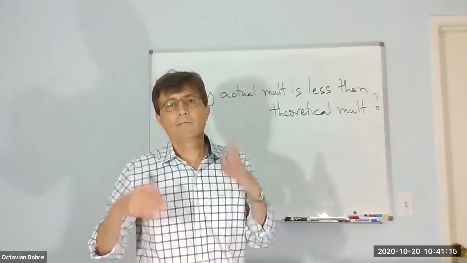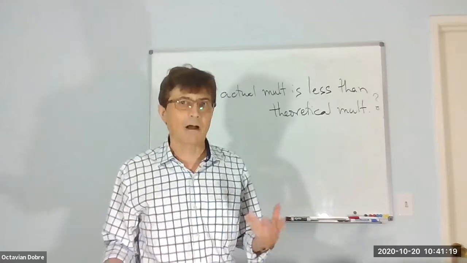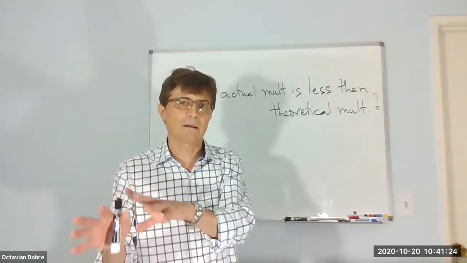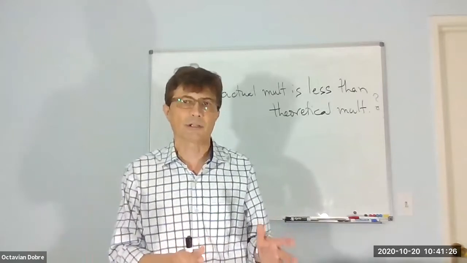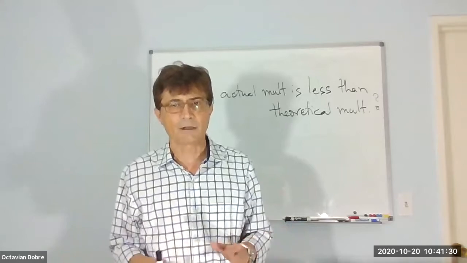There are many reasons, but I'm just going to talk about the ones that the book mentions. I'm going to try to explain the ones in the book, but there are other reasons too. Those are not the only ones.